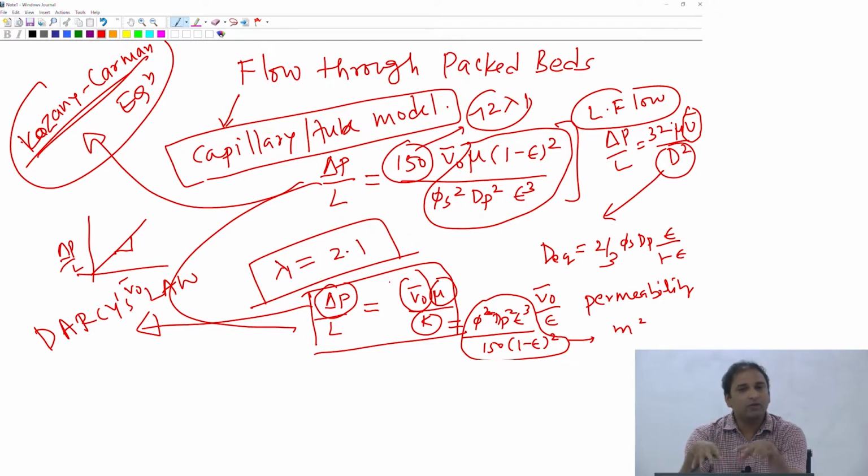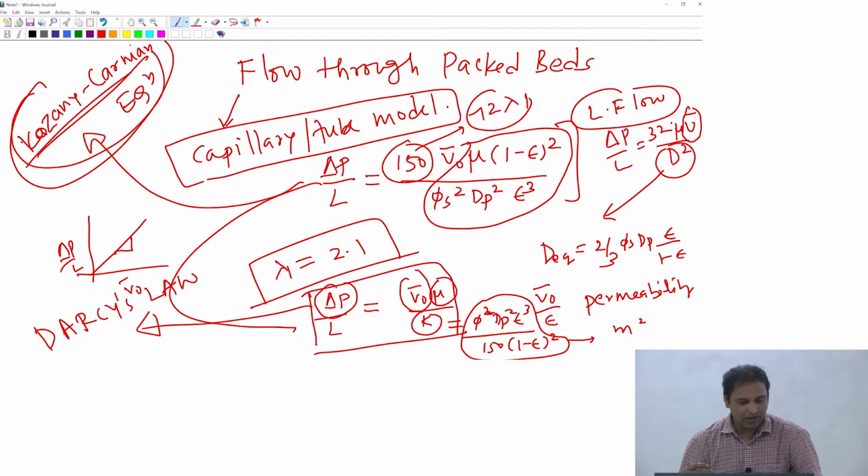Everywhere people use the flow through packed bed concept to extract some meaningful parameters. We're also going to look at cases where this Kozeny-Kármán equation can be used for basic characterization of the particles itself, which we're going to look at a little later.